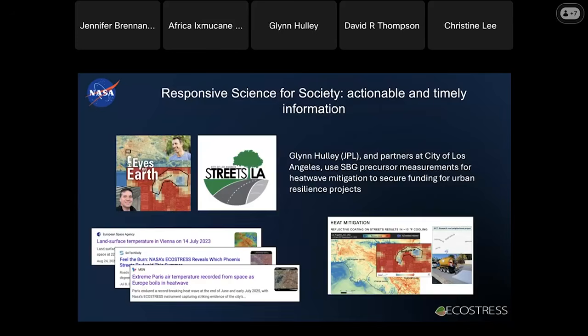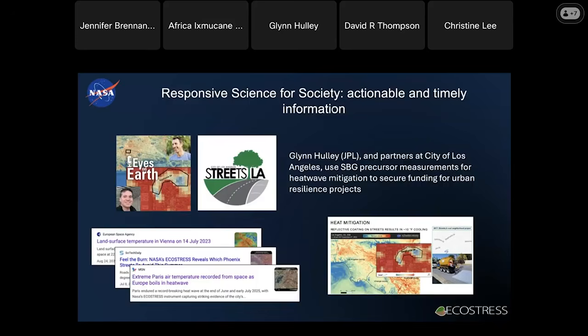And so in the lower right is an example of utilizing ECOSTRESS data to look at the temperature benefits of applying cool paint technologies on different roads. And this was an image that then allowed the City of LA to secure another $8 million in funding for other urban resilience projects.